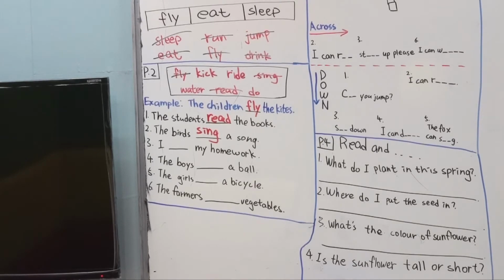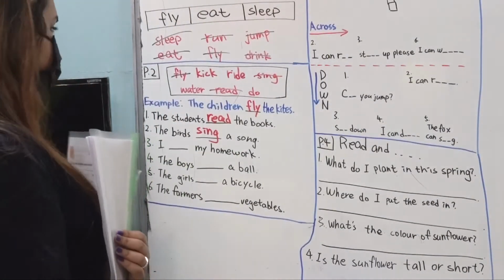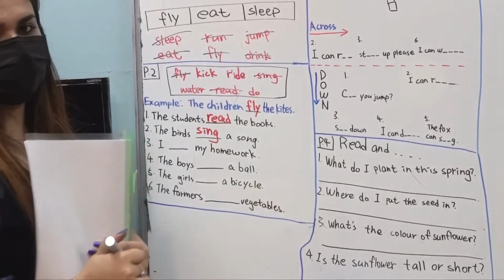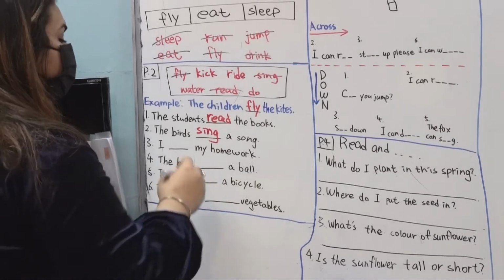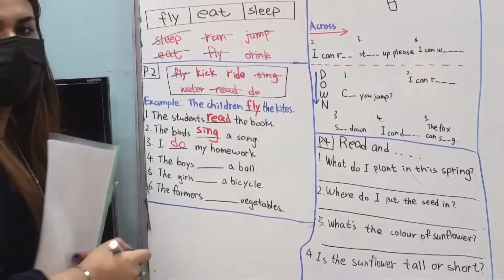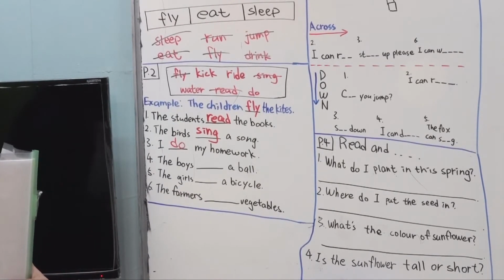Do you cake your homework? I know if you hate your homework, you cake your homework, right? Ride, water, or do? Which one is it? That should be do. I do my homework.